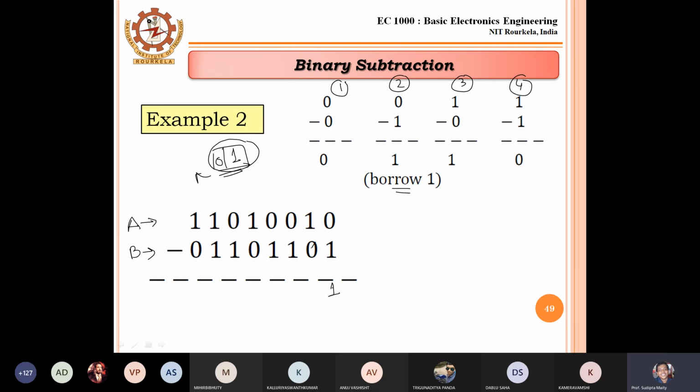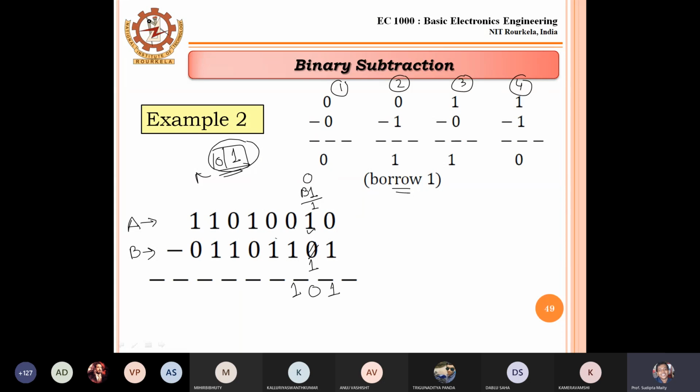This borrow 1 has to be added with this 0, so 0 plus borrow 1 means you have to perform 0 1, so add 1. This 0 has to be replaced by 1. Now subtract 1 minus 1, that is 0. Then again 0 minus 1, so again 1 and borrow 1.